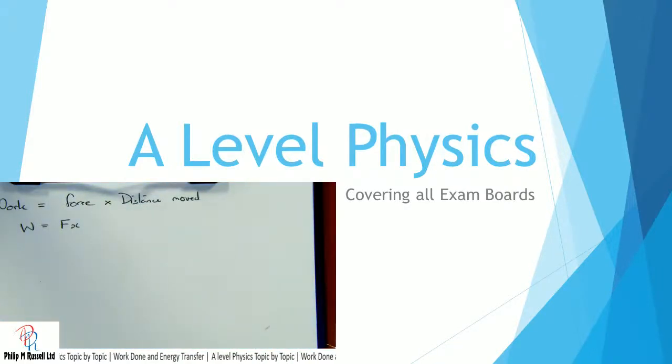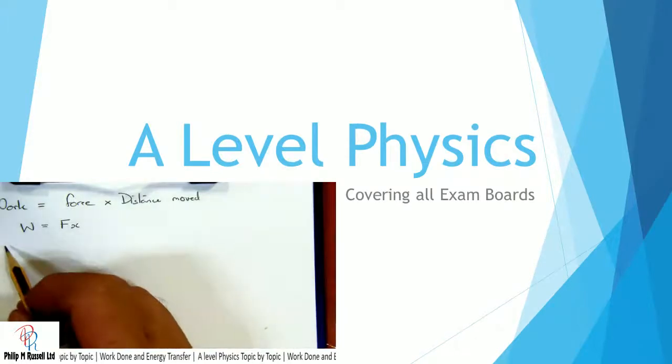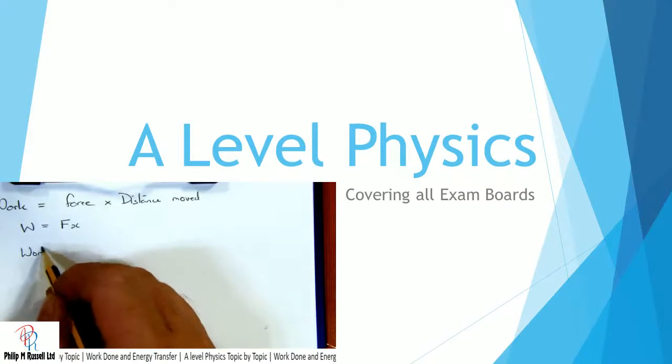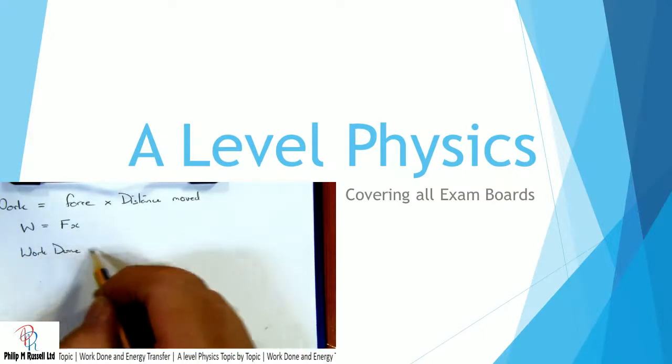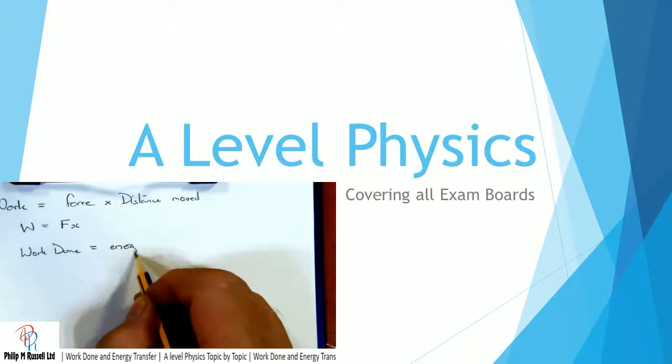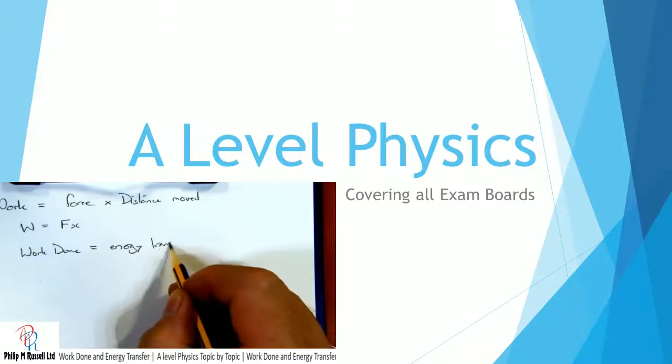We'll give it the symbol x here. And when we try to do something, basically we can say that the work done is going to equal the amount of energy that's actually transferred.